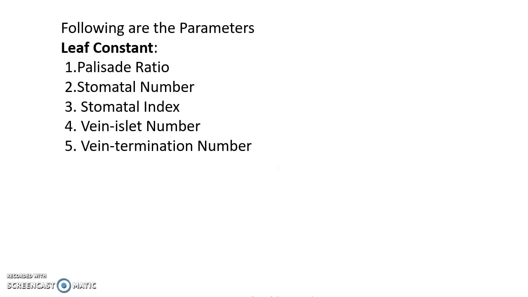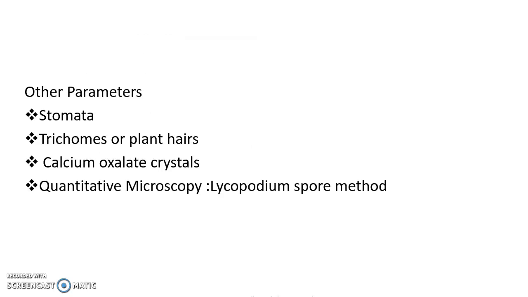Now these are the parameters for microscopic evaluation: Lycopodium constant, palisade ratio, stomatal number, stomatal index, vein islet number, vein termination number. Other parameters are stomata, trichomes or plant hairs, and calcium oxalate crystals. Quantitative microscopy is the Lycopodium spore method.